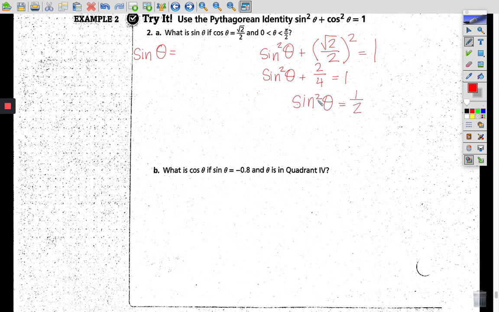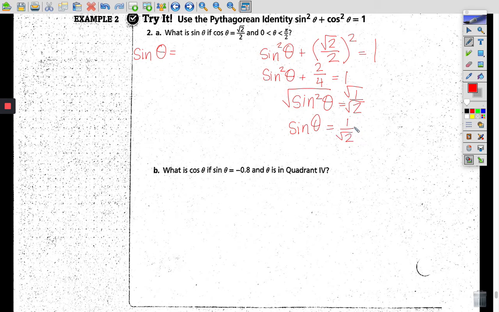Well, it's still not by itself. We just want sine of theta. We don't want sine squared of theta. So to get rid of the squared, we take the square root of everything. So now I've got sine of theta is equal to the square root of 1, which is 1, over the square root of 2. But can I have that radical in my denominator?